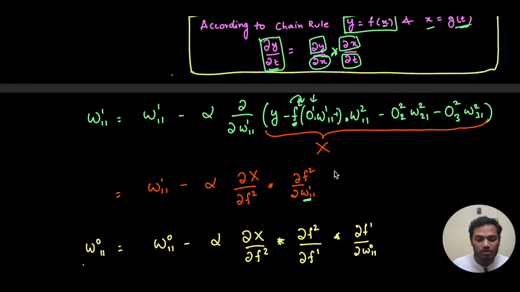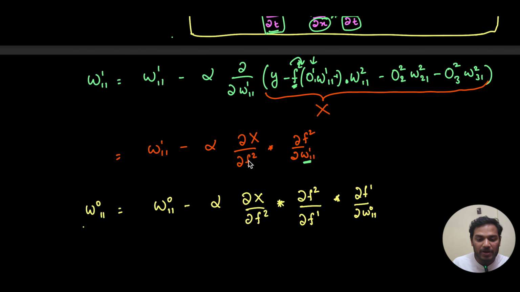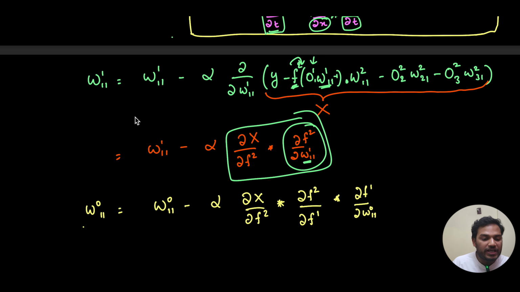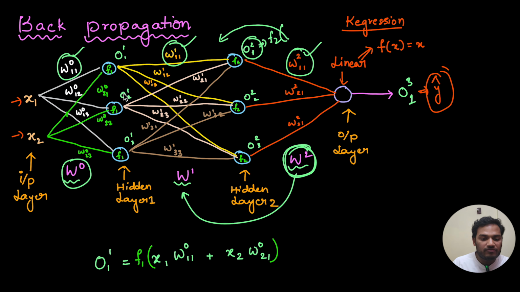According to the chain rule, first it will partially differentiate with this particular function, and once it does the partial derivative with this, it will go into this particular function where this W111 is directly available, and on doing this we'll be able to obtain some value, and once we get that value, we can update this W11. Okay, so like that, W111 will get updated, and all the weights in W1 in a similar fashion will get updated. Now let's see how this W011 will get updated.